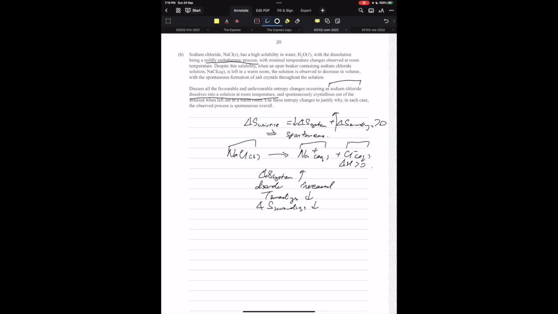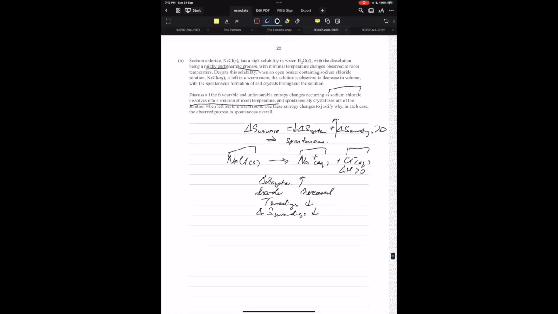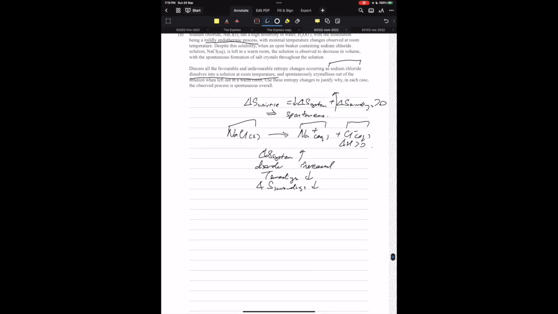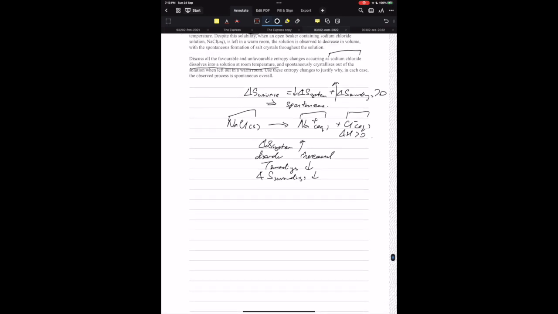So what does that mean? The reaction, they tell us, is still spontaneous overall. And in fact, they don't have to tell us that at all, because we all know by common sense that salt will spontaneously dissolve in water. But how does that play into these two values here? We know that delta S of the universe, if it's spontaneous, has to be greater than 0, and it's given by these two components here.